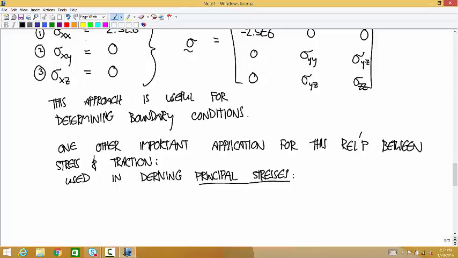Principal stresses are really important for doing that because they give you a way to find the maximum normal stress and the maximum shear stress. So principal stresses are going to be a really important thing for determining how likely a material is to fracture. And in deriving the principal stresses, we're going to use this idea of tractions. Okay? Any questions about that?